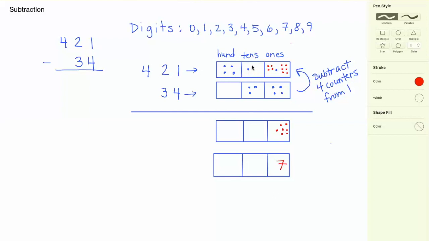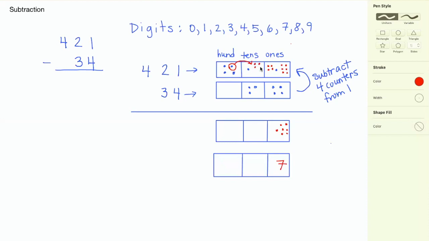All right, now in the next spot, I have 1 ten, and I'm supposed to take away 3 tens. But you can if you borrow from the next column over. So I circle 1 counter here, and I remember that's 1 counter in a hundreds spot. That's the same as having how many tens? 100 is 10 tens.